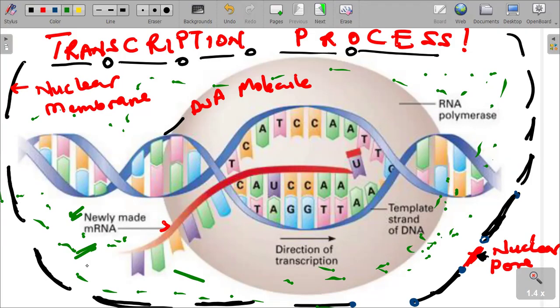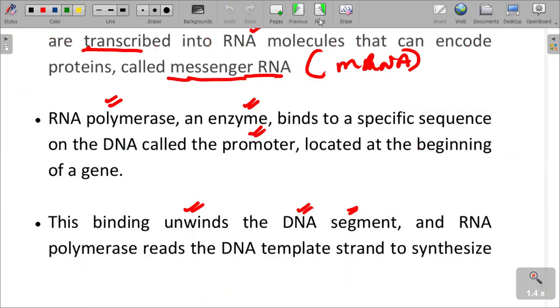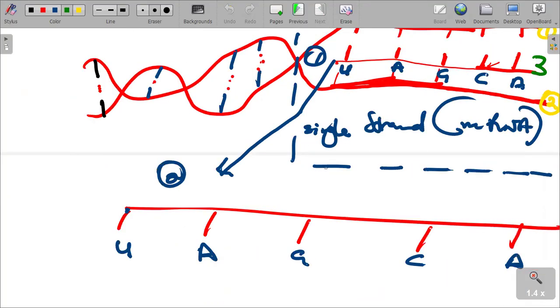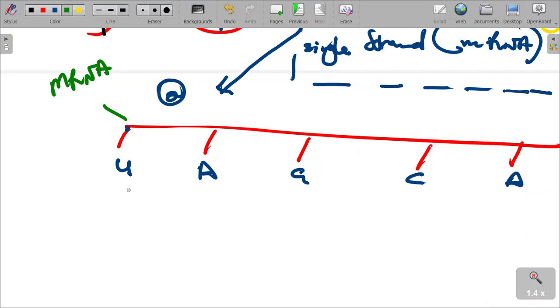So the adjacent bases on the mRNA that is formed make up a codon which codes for an amino acid that is to be formed. Demonstrating this on the next diagram, three adjacent bases of the mRNA, from here to there, form a codon.